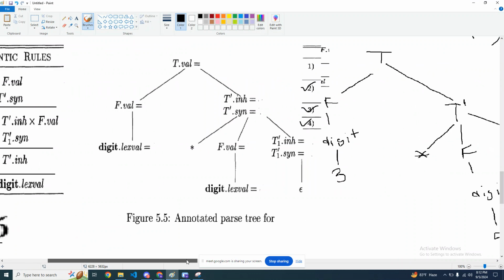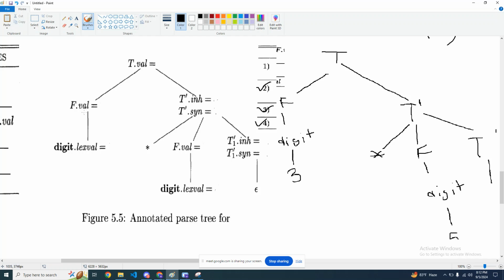Now f also has one synthesized attribute, which is value. Digit also has one attribute, which is lex value, right?